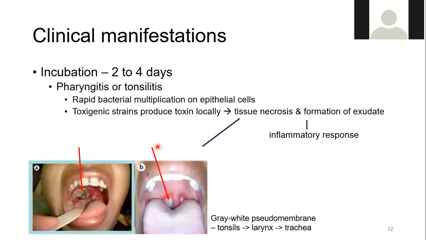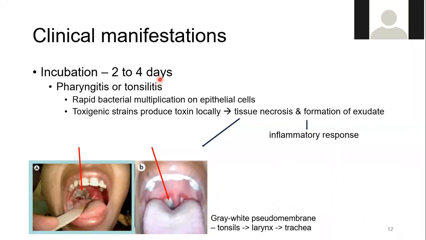So as I said, there's an incubation period of about 2 to 4 days, after which there's pharyngitis, that's inflammation of the pharynx, and tonsillitis. Within the epithelial cells, the bacteria rapidly multiplies.